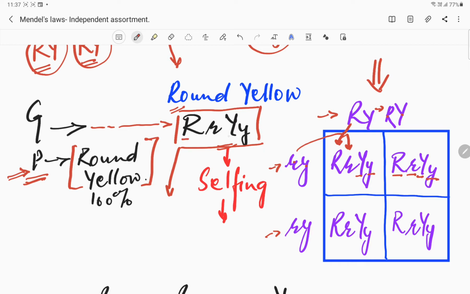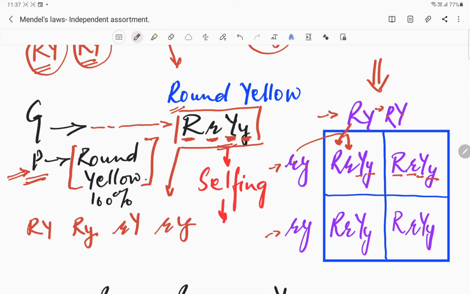Capital R can combine with capital Y, and we get this combination capital R, capital Y. Capital R can also combine with small y to enter into the gametes, capital R, small y. Small r can combine with capital Y. These two different allelic partners of two different traits can also combine, small r, capital Y. And small r can also combine with small y, forming the fourth pair, small r, small y.